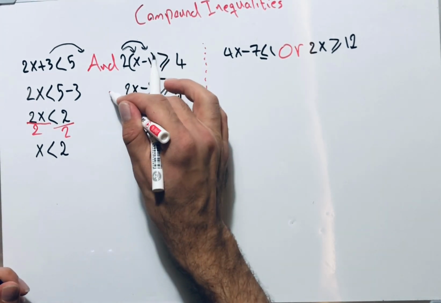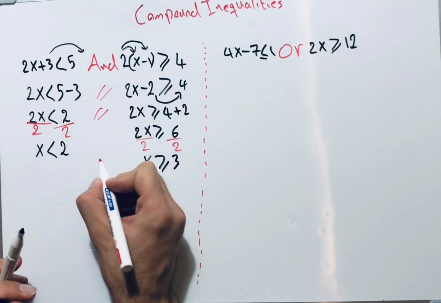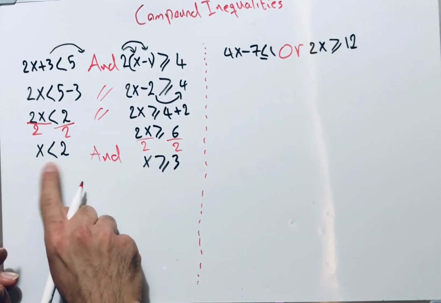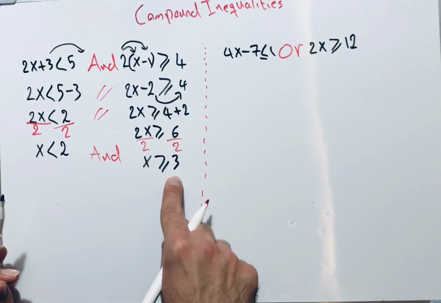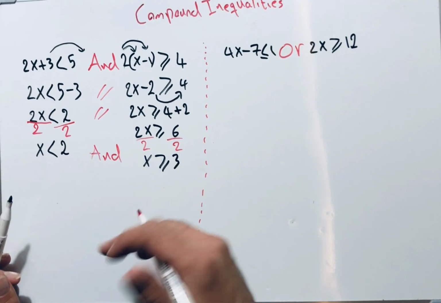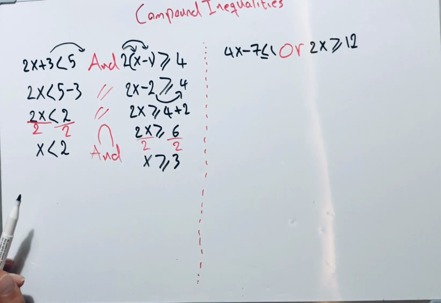You can copy the "and" every time till the end. We're going to write it one more time. So we have this inequality, or let's say set of numbers, and this set of numbers. If you're familiar with set theory, you could just say "and" represents the intersection operation between sets.